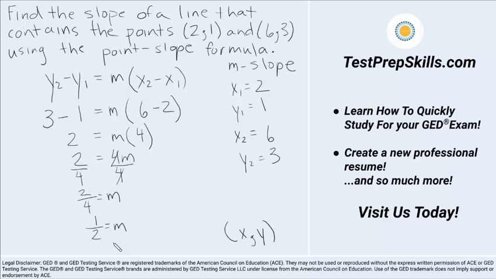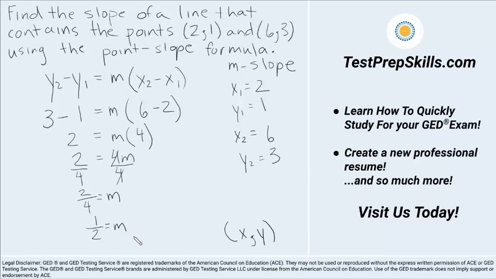The final thing we're going to do, as I'm sure you've noticed, is that our unknown, our variable, m, is on the right-hand side right now. And that's fine. The answer is correct. However, in math convention, which is just the way things are done in math, we want to put the variable on the left-hand side. It's not crucial. This answer is correct. If you left your answer like this, it's fine.